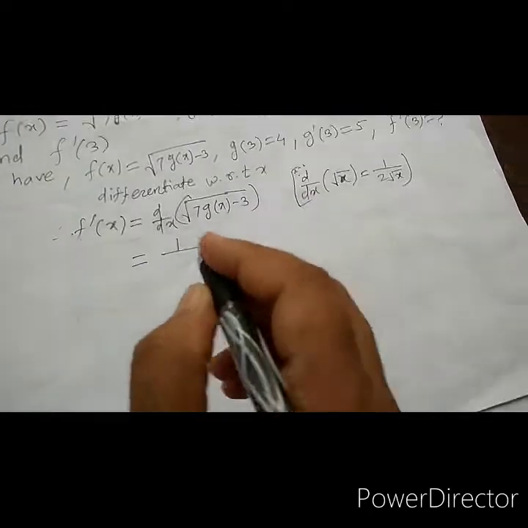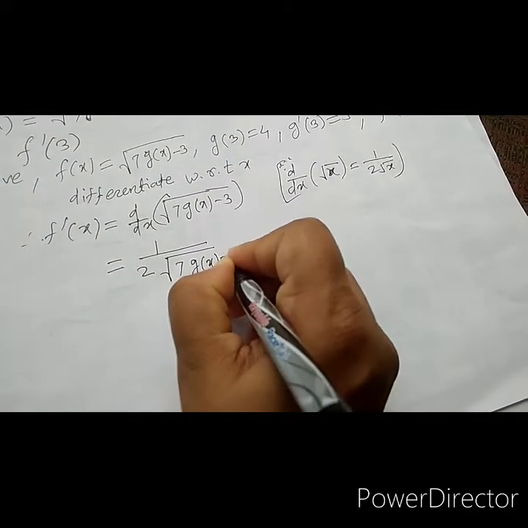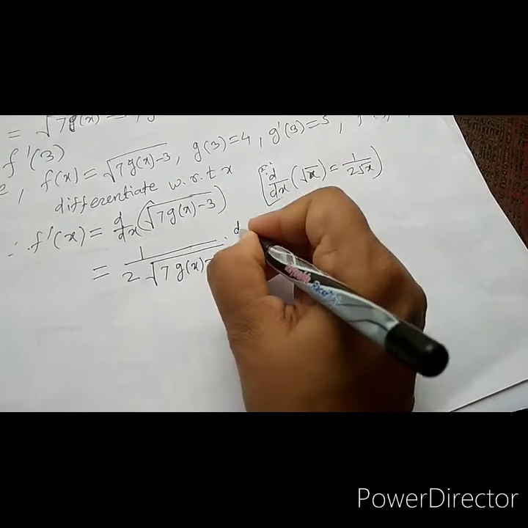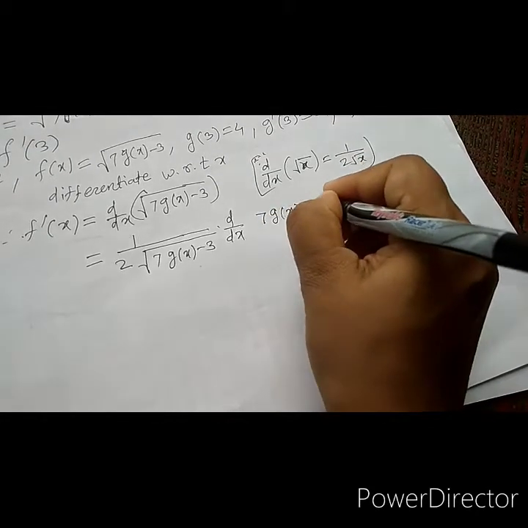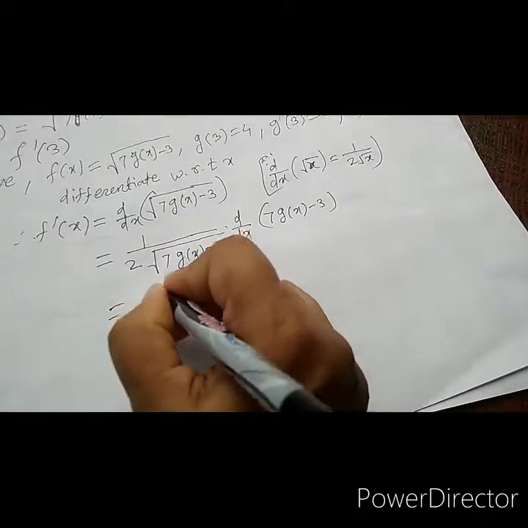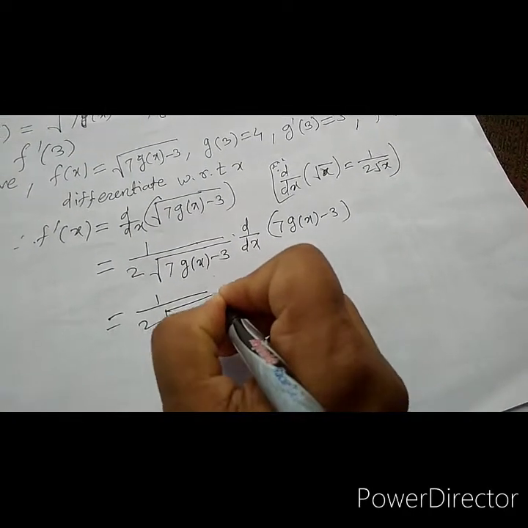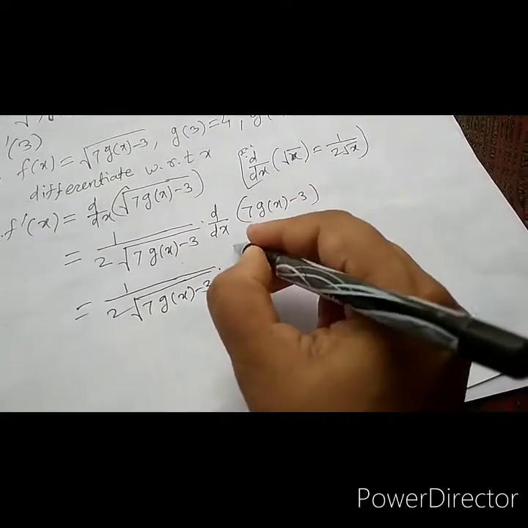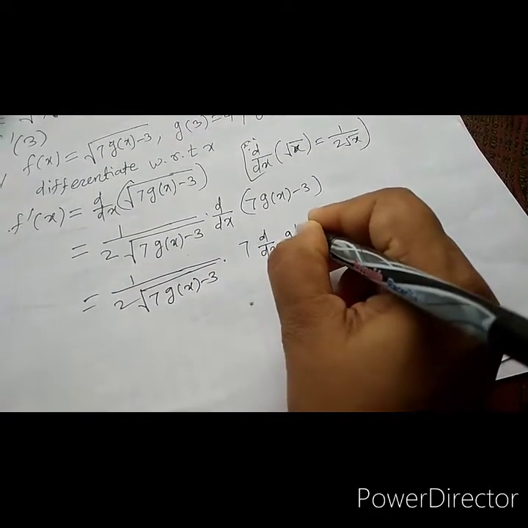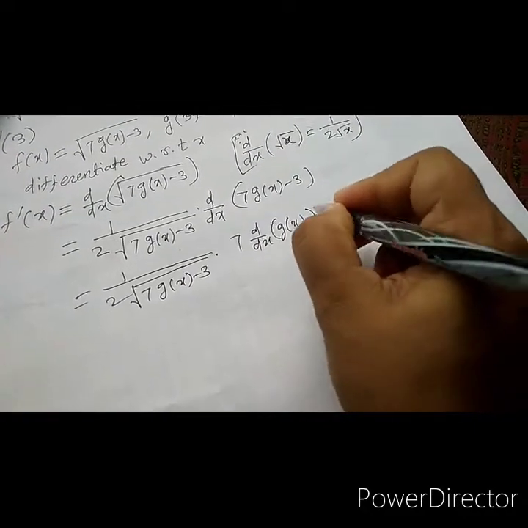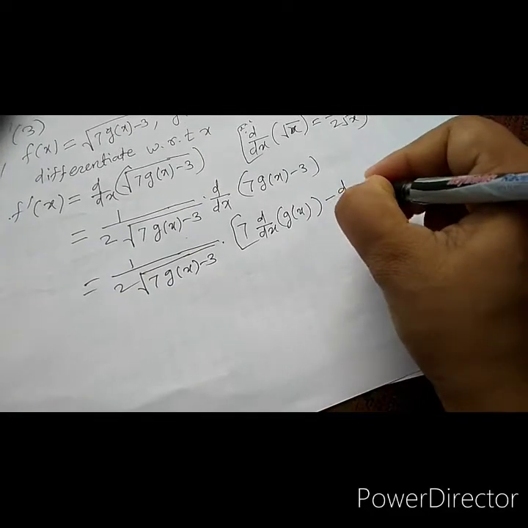So its derivative is 1 upon 2 root 7 g of x minus 3. Again we have to take the derivative of this inside term, 7g of x minus 3. 1 upon 2 root 7g of x minus 3 as it is, and its derivative: 7 is constant, therefore 7 d by dx of g of x, minus d by dx of 3.